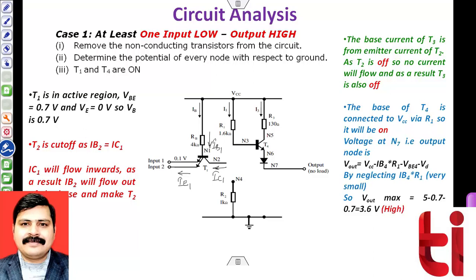My output value will be 5, VCC is 5 volt, minus 0.7 volt minus 0.7 volt. So it is 3.6 volt. And this 3.6 volt appears in the high range. So when any one input is low, my output is high. So I have proved the first case, that is my case 1 for this totem pole scenario.